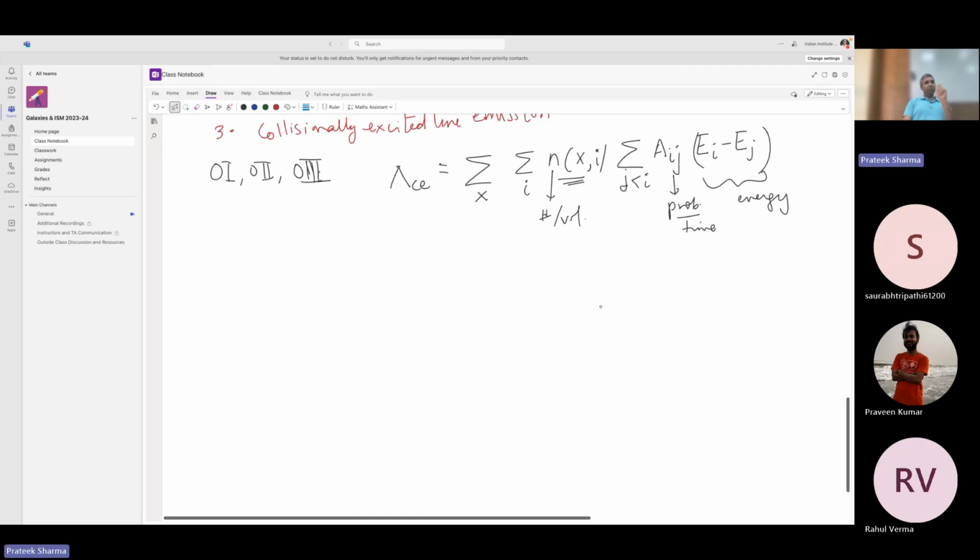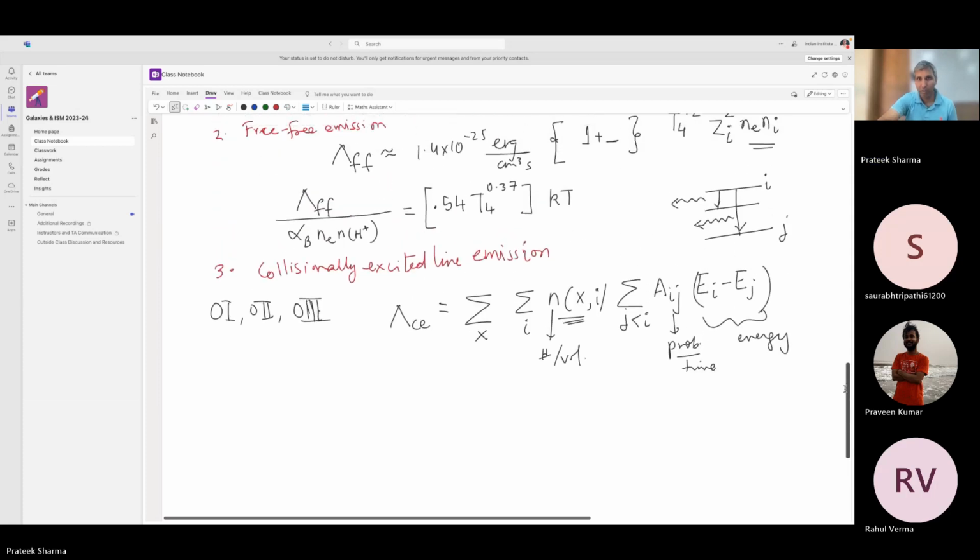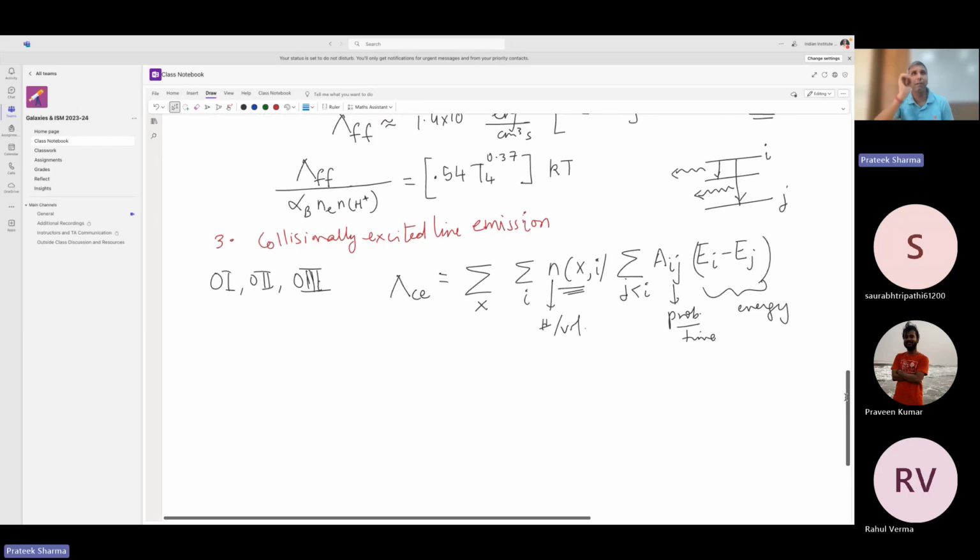Because both heating processes are proportional to N_e times N_proton, because we related it to recombination. Similarly, these things are also proportional to that. But the radiative recombinations are also making it lose energy.